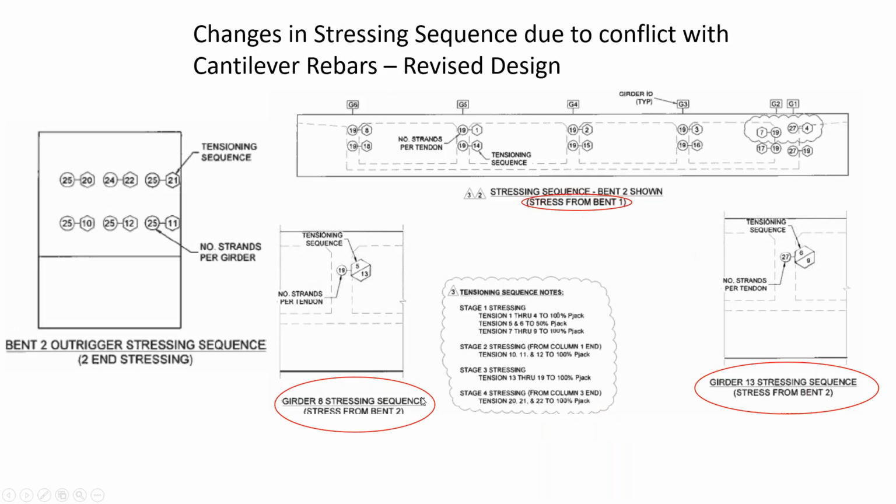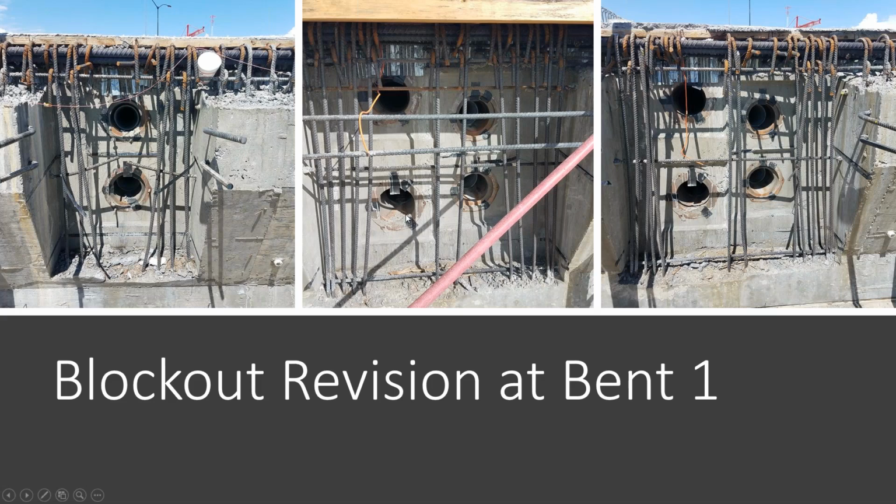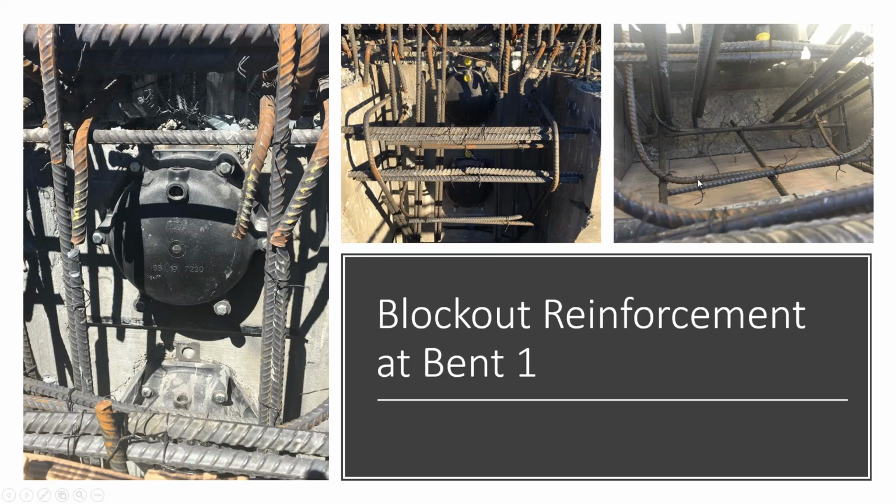Here is the change that we made on the plans to stress from bend 1. We needed to make some adjustment in the reinforcing at bend 1 in order to stress from this side. As you can see, we have to clear all the reinforcing in order to pre-stress from this side. Here are some more pictures showing the details of the blockouts.